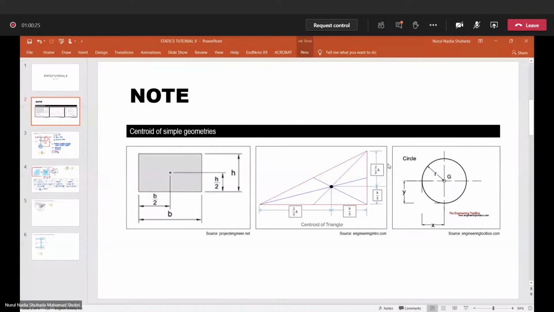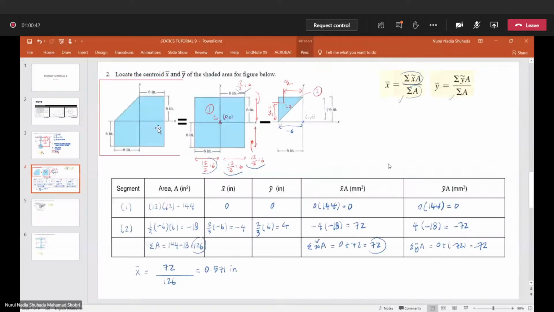For example, on this side b divided by 2, the distance parallel to here is the centroid.